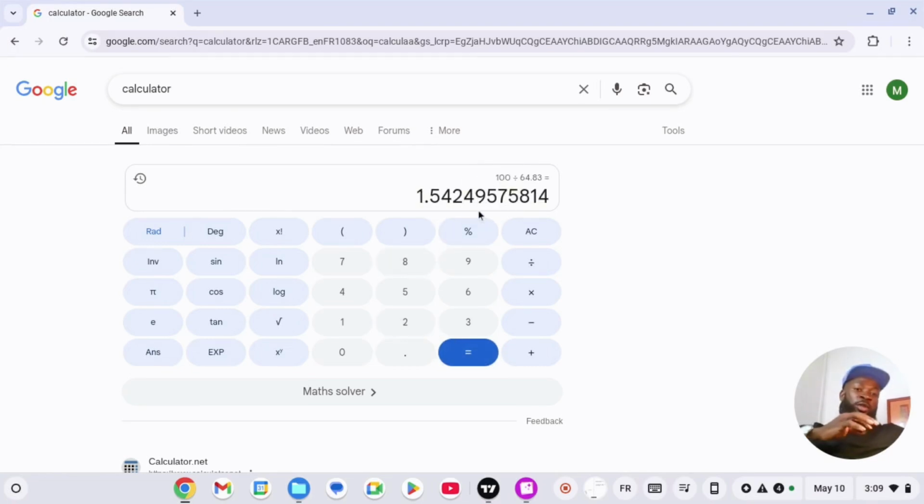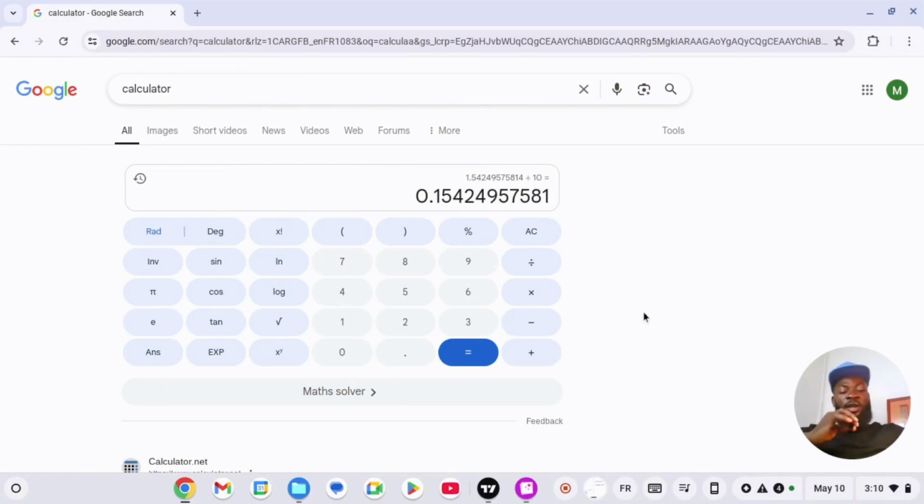Now, when you get this number, what you simply need to do to get the final answer is divide it by your contract size, which is 10, right? Let's divide it by 10. Now we have 0.15 as our lot size on that particular trade that I used as an example. This is just how to calculate it.